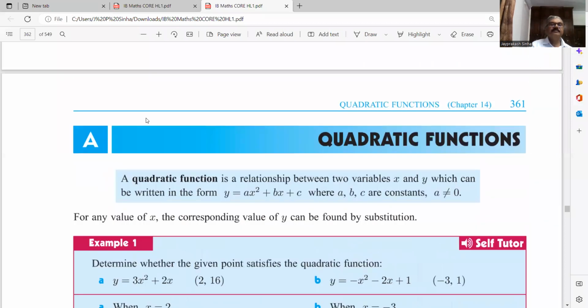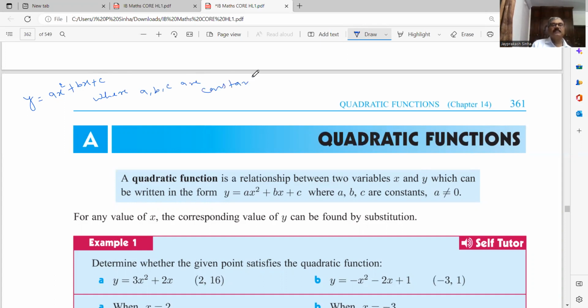So you might be knowing, the general form of a quadratic function is y equal to ax square plus bx plus c, where a, b, and c are constants, and a cannot be equal to 0.